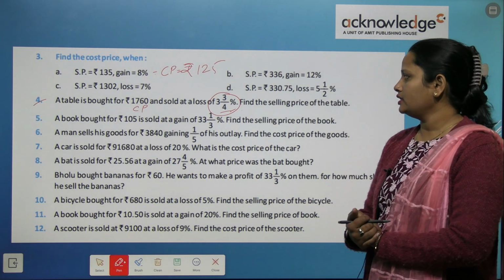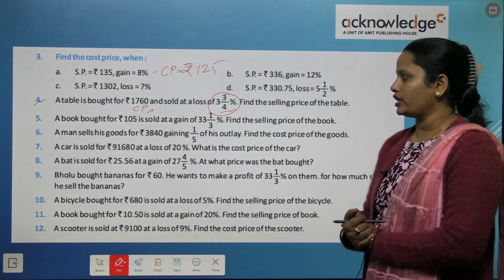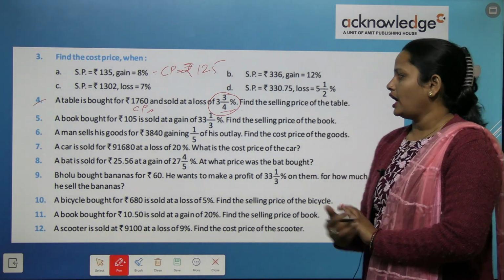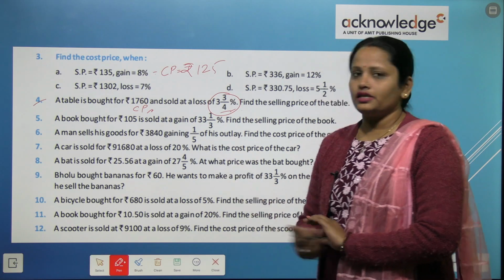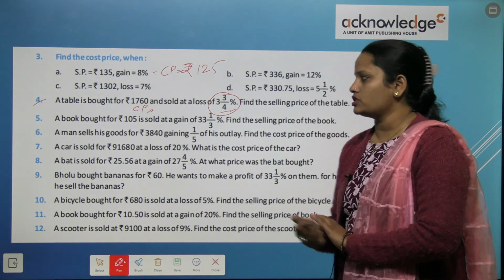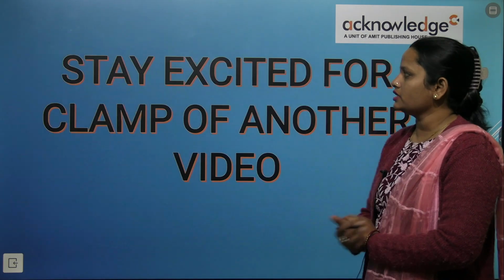So we will subtract this loss from the cost price, and then we will get the selling price of the table. So similarly children, you have to do the rest of the questions that are given here. Read it carefully and complete it.